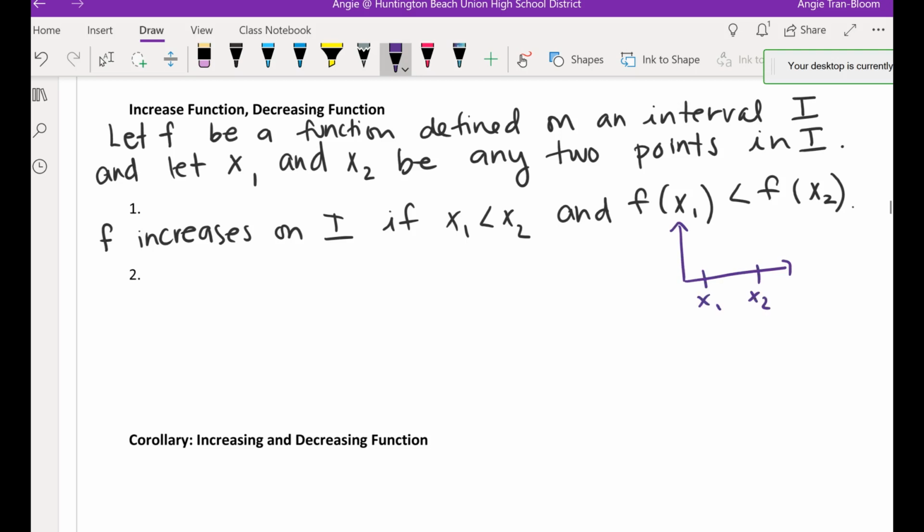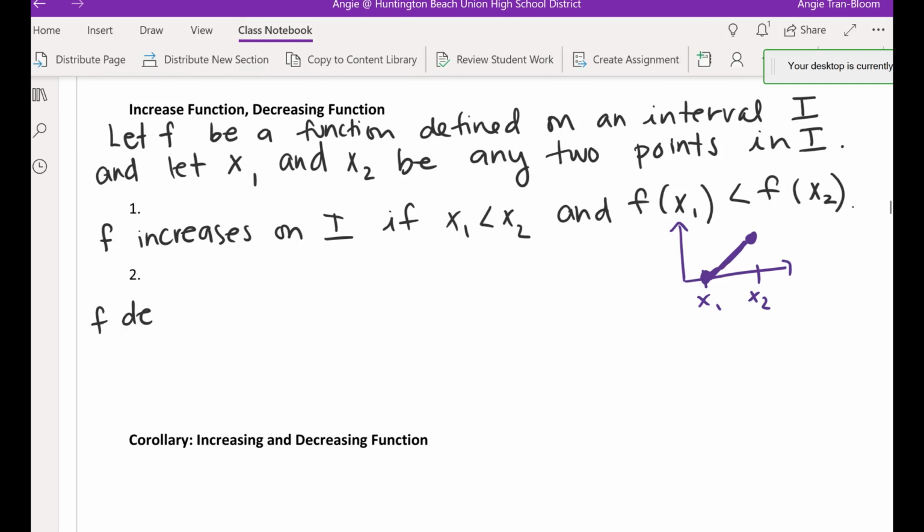Is x1 less than x2? Yeah. So I'm going to sketch something basic. Is f1 less than f2? Sure, right? The y value at the first location is smaller than the y value at the second location. So that's why from x1 to x2 we call that increase, right?